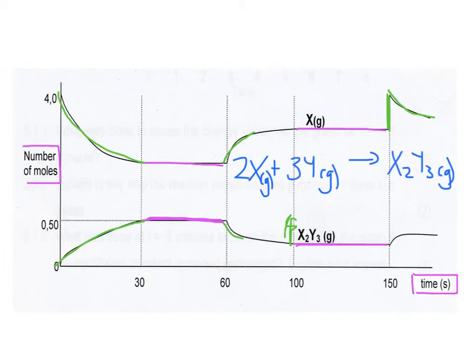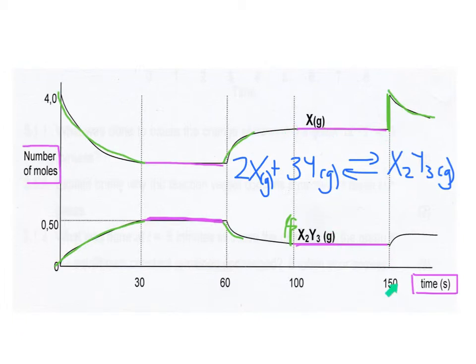So if I take this as a little balanced equation over here, we can see that initially I was getting rid of this reactant and making lots of the product. So I favored the forward reaction. Equilibrium got established. Something happened at 60 seconds to favor the reverse reaction. Then after that, it established a new equilibrium.